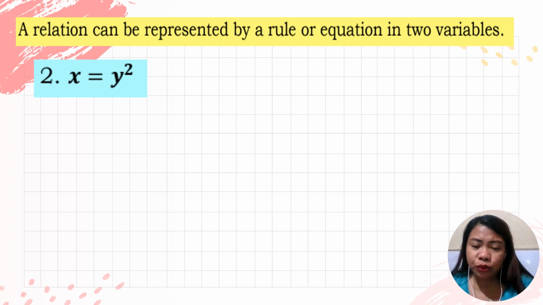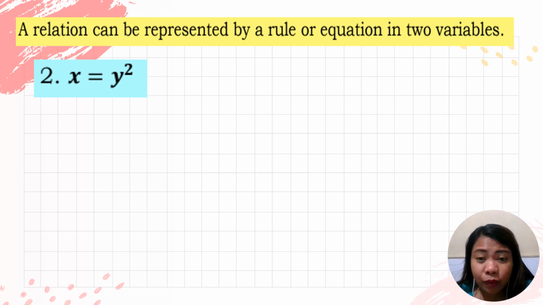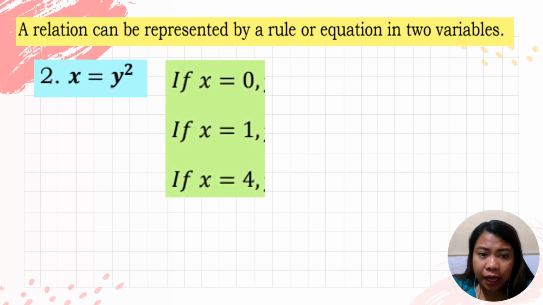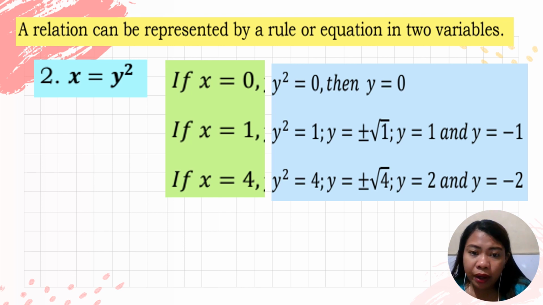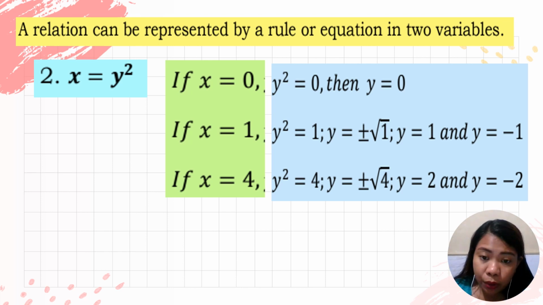So we have example number 2, x is equal to y squared. If x is equal to 0, we get the positive and negative square root of 0, that is 0.